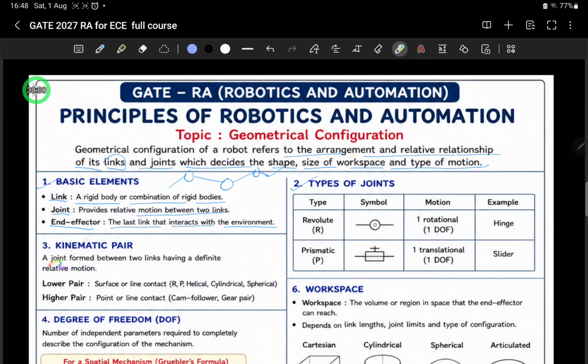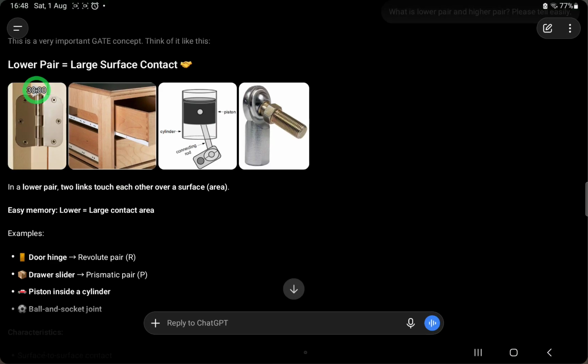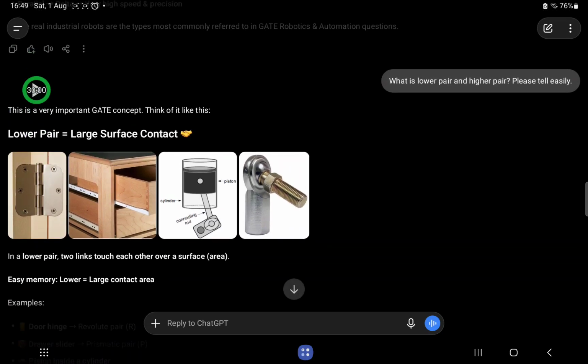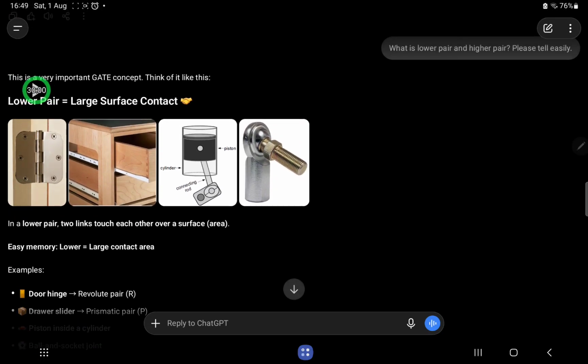Now kinematic pair: a joint formed between two links having a definite relative motion. There are two types of kinematic pair, lower pair and higher pair. Here I can show you images. This is an example of lower pairs. Here the contact areas are large.